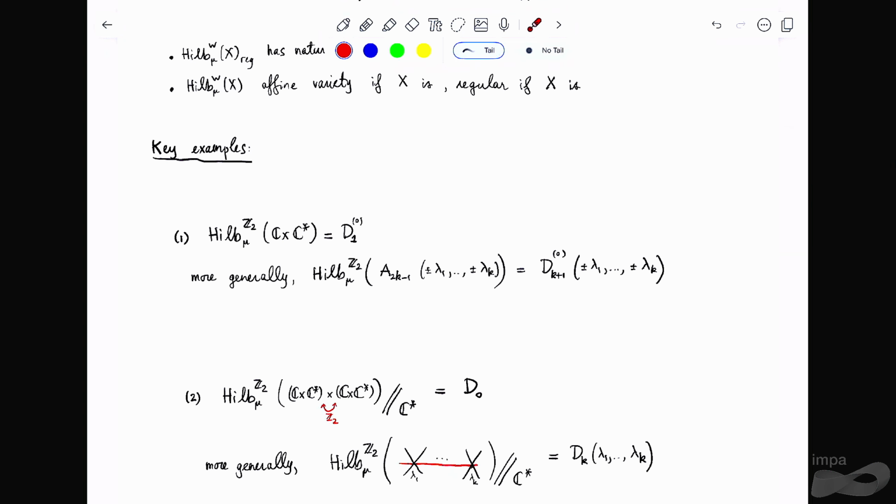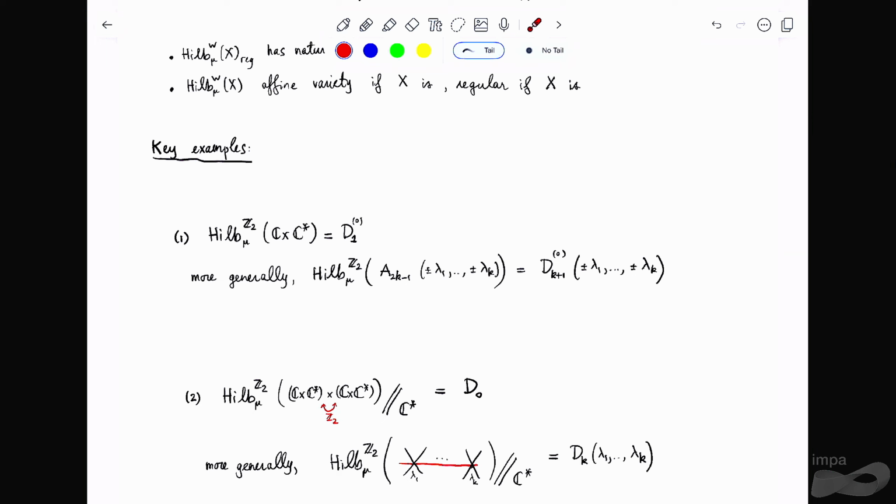So for example, let's look first at the real four-dimensional examples. I want to show how the Dk surface actually arises via this transverse equivariant Hilbert scheme construction.